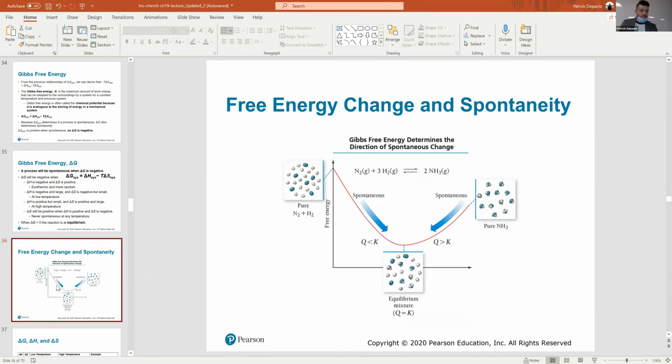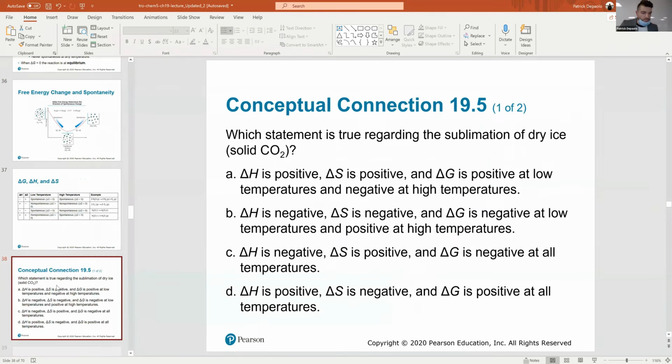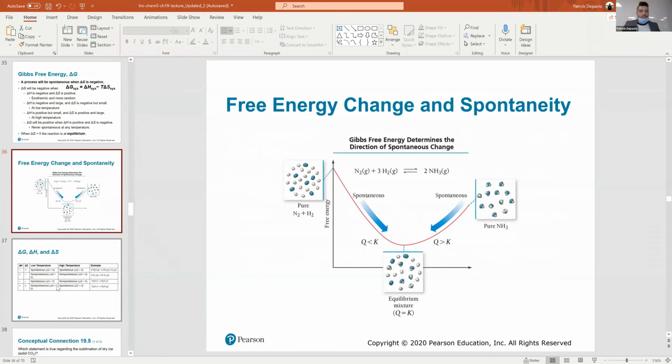All right, so we'll go like 10 more slides. So, free energy changes. If you have this reaction, N2 gas and H2 gas make 2 NH3, this is an equilibrium reaction. We're bringing back Q and K here.